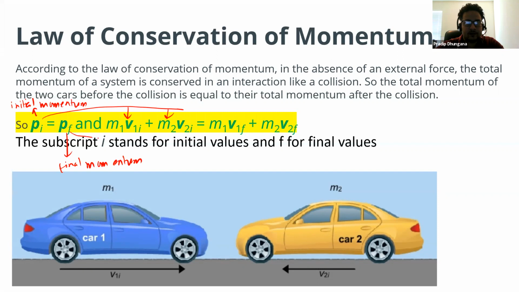And then final momentum is m1, mass of car 1 times velocity of car 1 after collision, plus mass of car 2 times velocity of car 2 after the collision. In that way, we can use the law of conservation of momentum when two or more objects collide with each other.